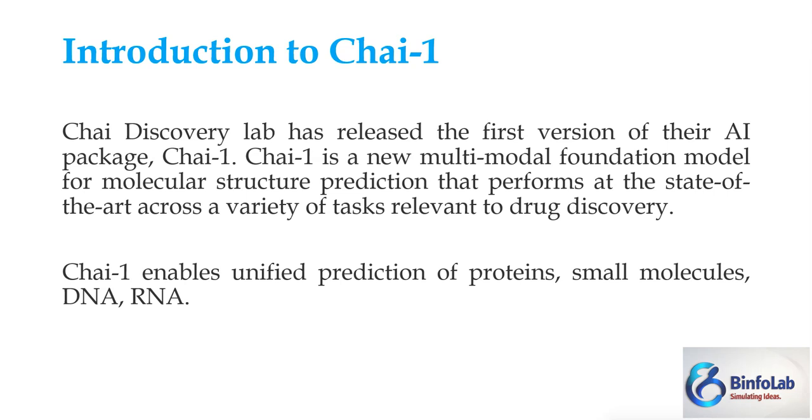First of all, this slide is about the introduction of Chai-1. The 1 in Chai-1 actually explains the version number. Chai-1 is released by Chai Discovery Lab, and it is an AI package.